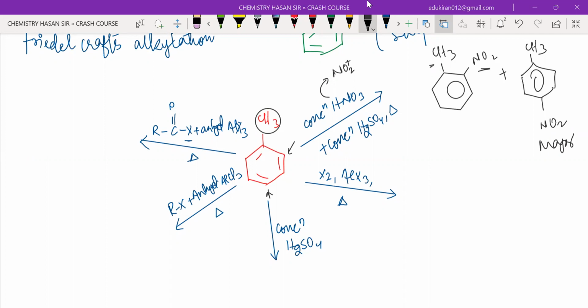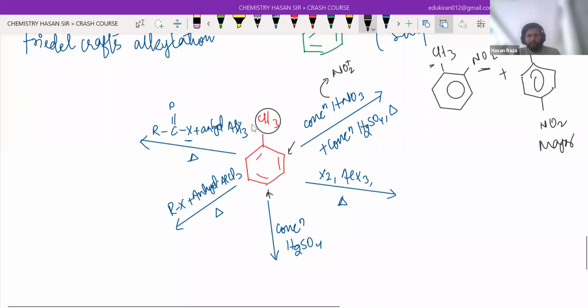If there is a nucleophile, why will it be added on the meta position? That depends on which group is already added here.